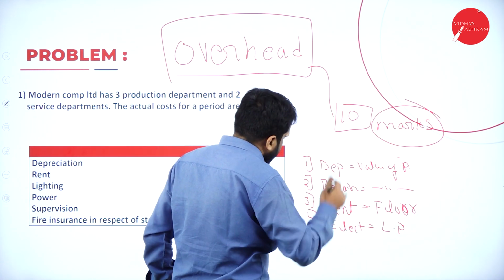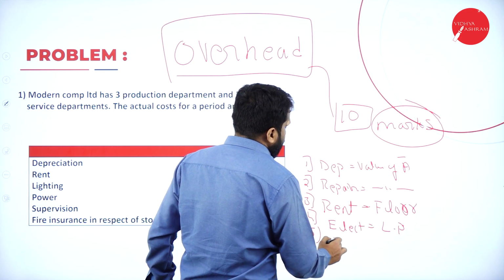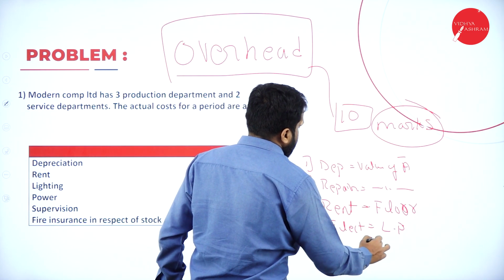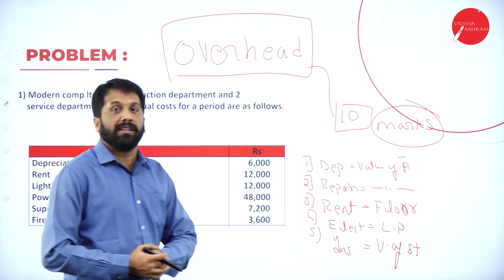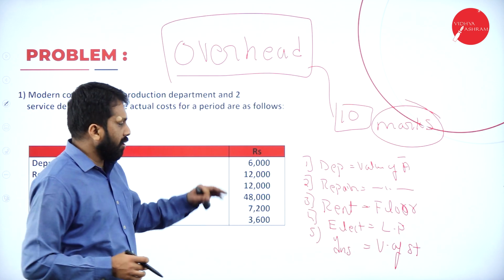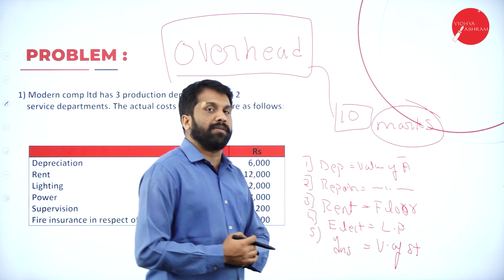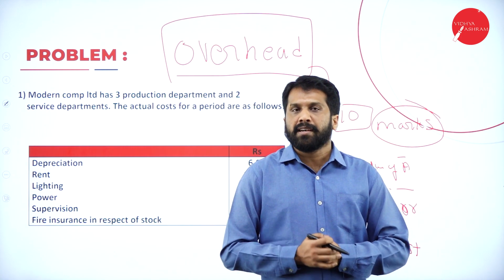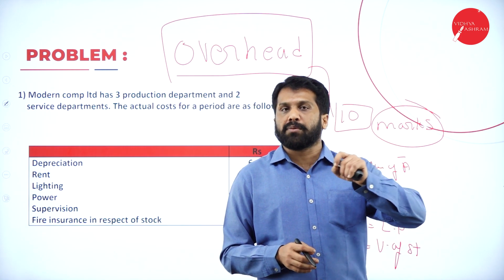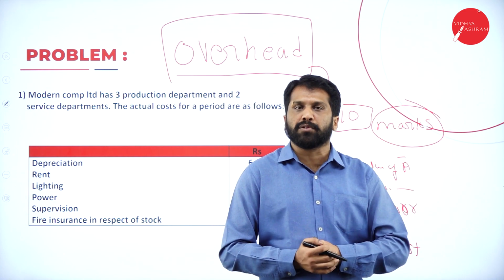Then after electricity, they may ask insurance, value of stock. Like this, they will ask you. Clear? In the theory notes, I have given all the information. If it is not there, again same thing, in the question bank, in the overhead topic, you have the basis of apportionment.